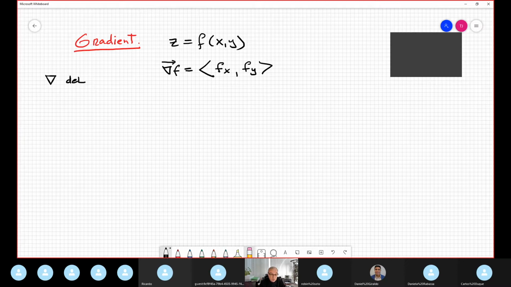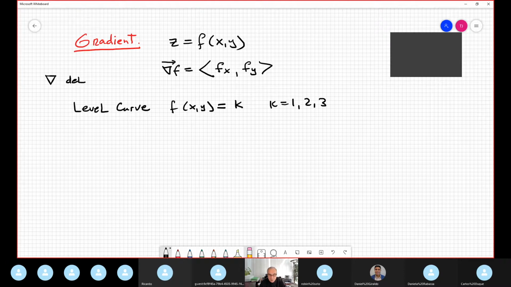There is one super important property. I suppose you remember the level curve. The level curve is the curve that we obtain when you suppose that f of x, y is equal to a number, k, and k varies, for example 1, 2, 3, 4, 5.